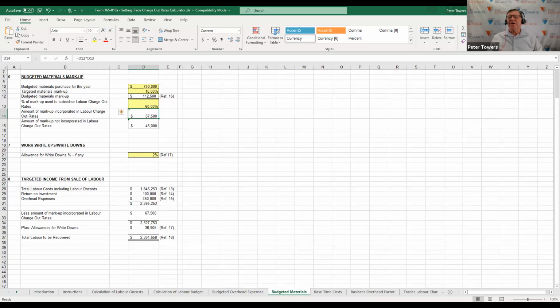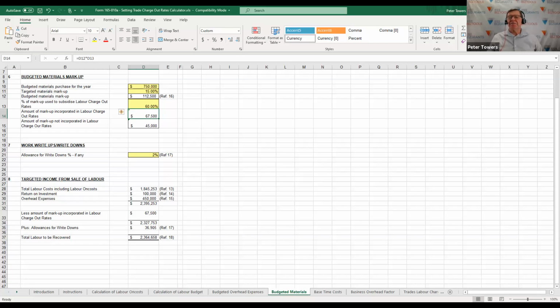We're deducting the $67,500 that we said we're going to use from that markup to subsidize charge out rates. That figure could be nil, of course, if your client wants to hang on to the full $112,500. So that's given us an amount to be charged in labor of 2,327,000, because we've reduced what it was going to be.